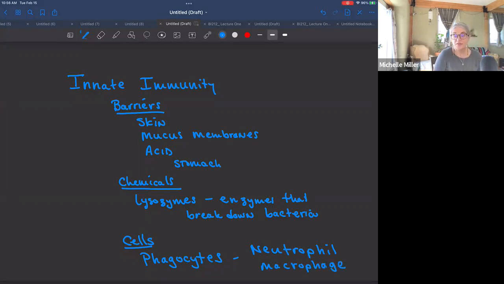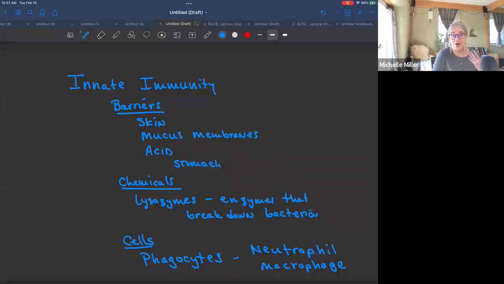So neutrophils and macrophages can identify and destroy bacteria and other foreign substances that get into our body. So they are important phagocytes.